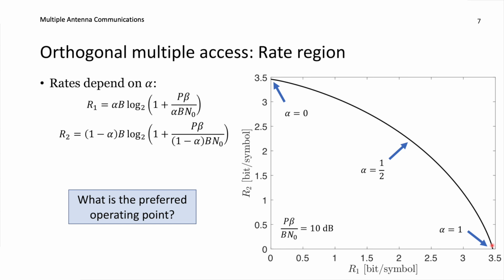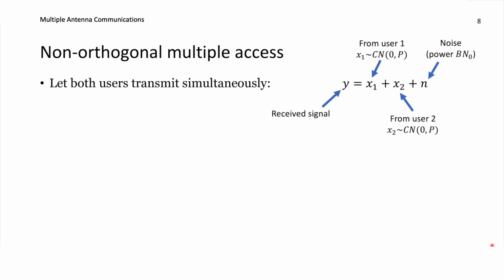This was orthogonal, where we divide the bandwidth between the users orthogonally, but we can also do a non-orthogonal option. In this case, we let both of the users transmit simultaneously on the same bandwidth, which means that for the received signal Y, we still only have one antenna at the transmitter and one at the receiver, then this received signal Y is equal to X1, which is the signal coming from user 1.